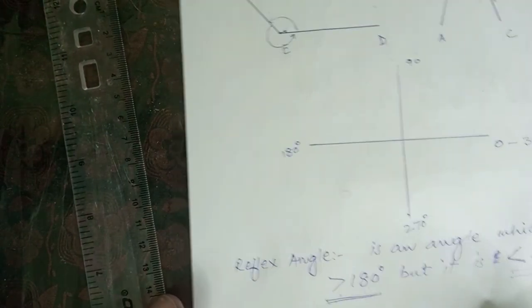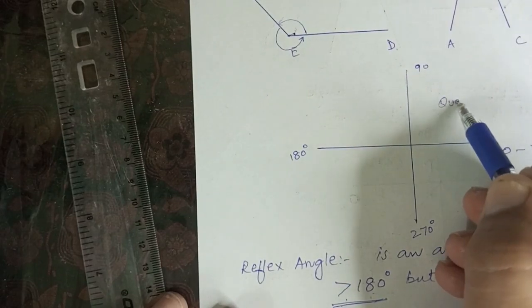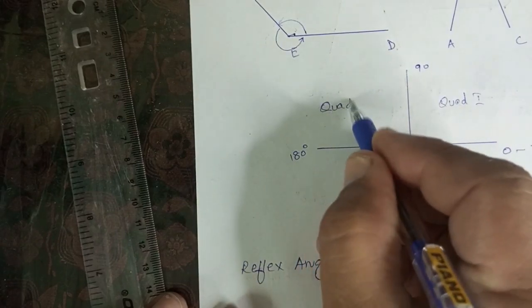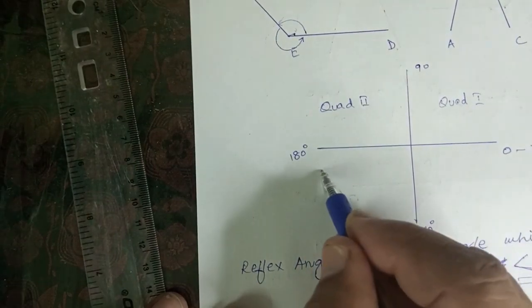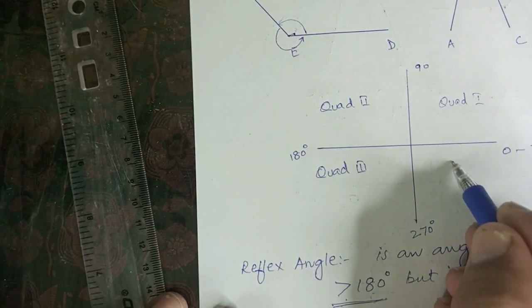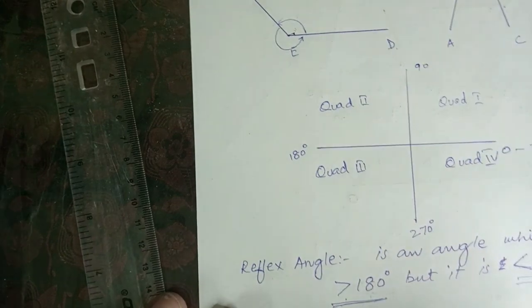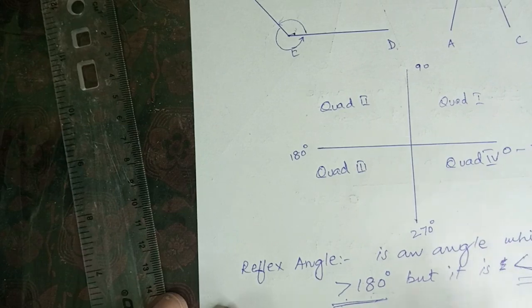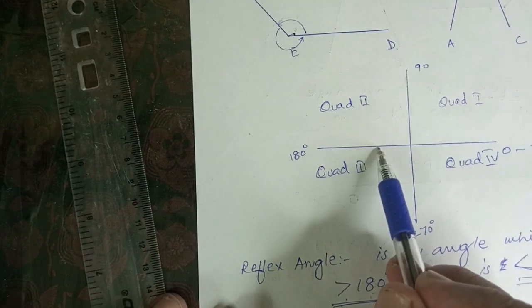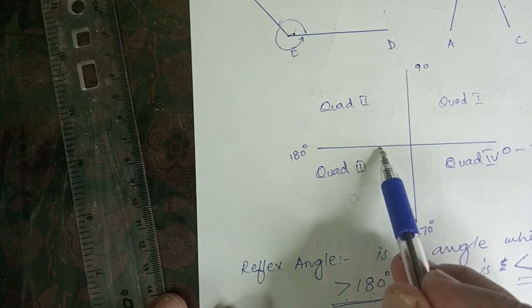Now if I represent it on this grid, say that this is quadrant number 1, quadrant number 2, quadrant number 3, and quadrant number 4. So our angle must lie beyond the 180 degree line.